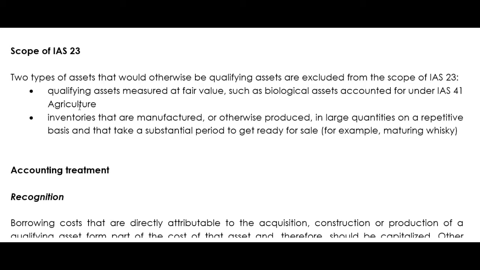Okay? So, ibig sabihin, kahit qualifying asset siya by definition, hindi siya qualifying asset by the concept of IAS 23. So, meaning, hindi pwedeng i-capitalize dito sa ating maturing whiskey or other similar inventories yung borrowing cost relating to the production of this product. Okay? So, yun yung consideration natin dyan.